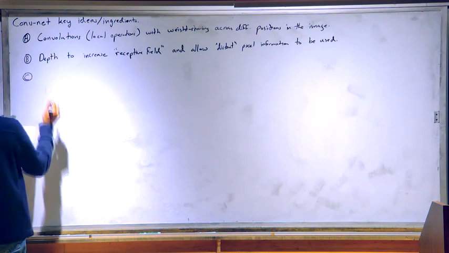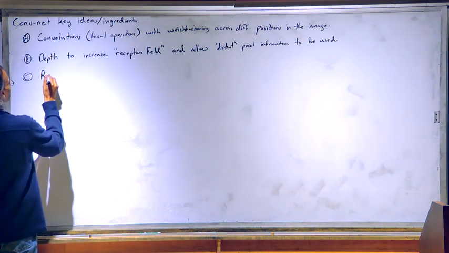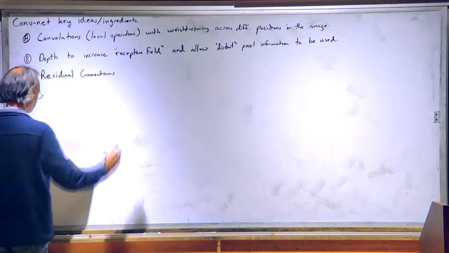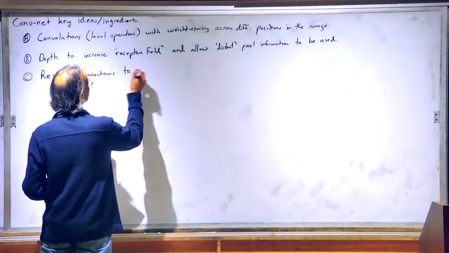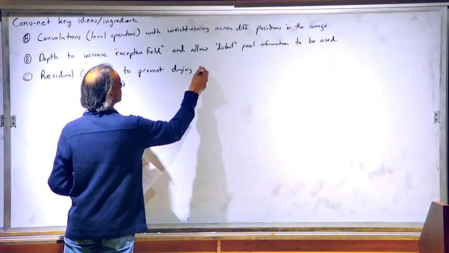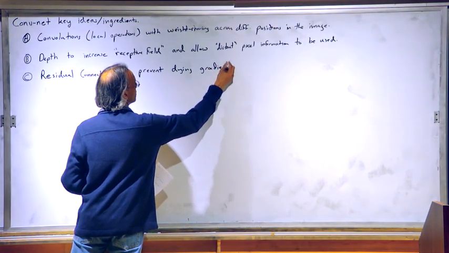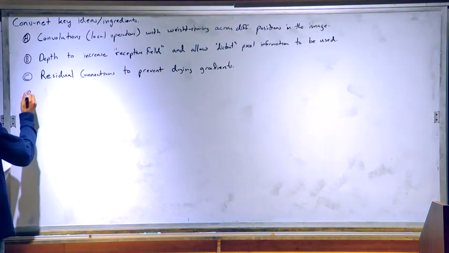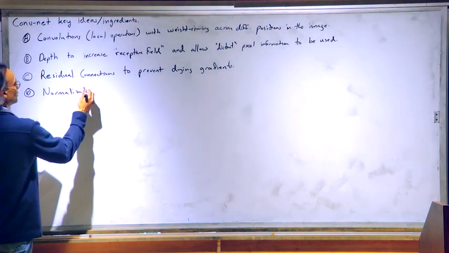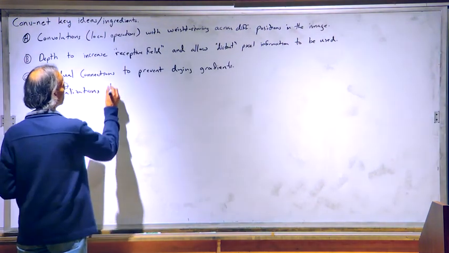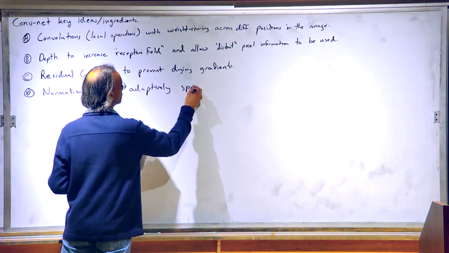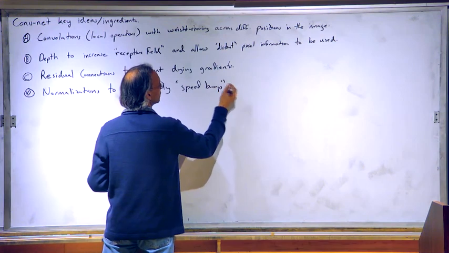We have residual connections from ResNet, because once you have depth, you need to prevent dying gradients. We have normalizations, which adaptively speed bump exploding gradients.